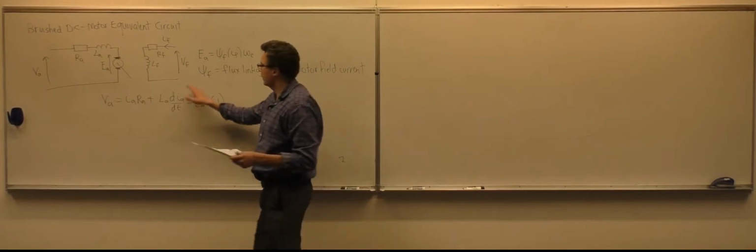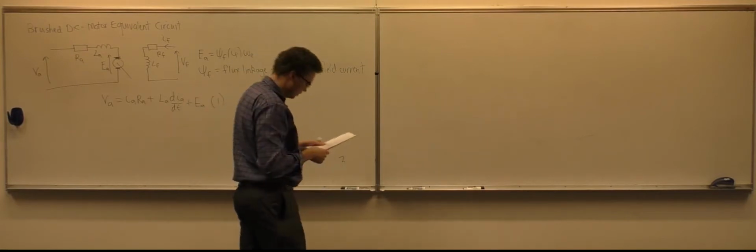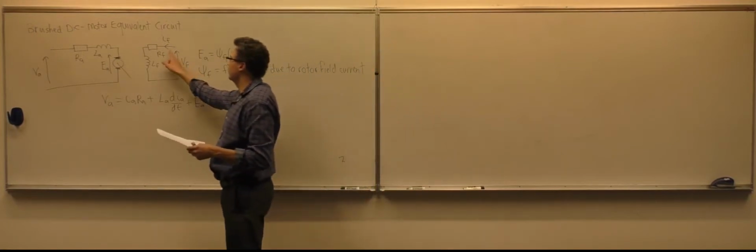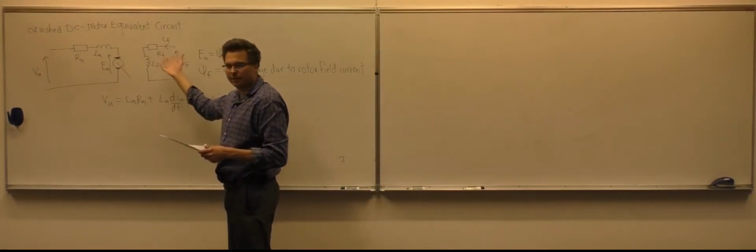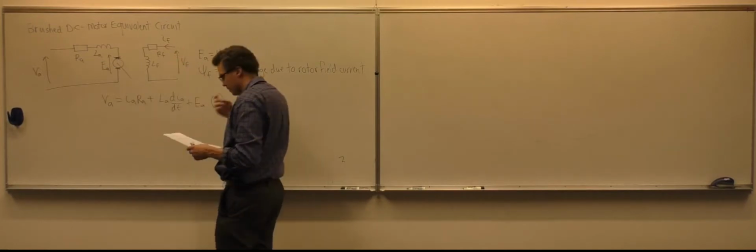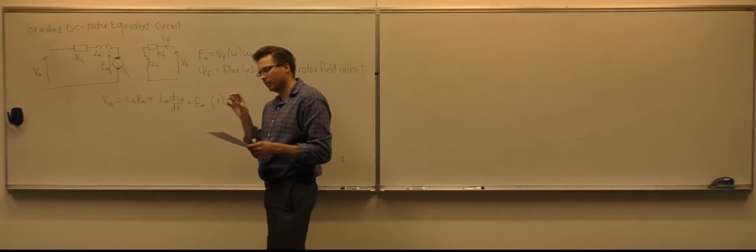So now, if we think about the surface permanent magnet motor, then we don't have a field current on the rotor. We just have a fixed flux being created. We can't control the amount of magnet material directly on the rotor.